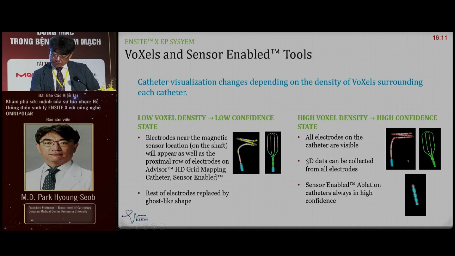When you use the Lasso SL catheter or HD Grid catheter, the sensor is located at the distal shaft, but the ablation catheter gives more accurate information when you put it inside the voxel field. So when there is no voxel field, I usually put the ablation catheter in to create it.